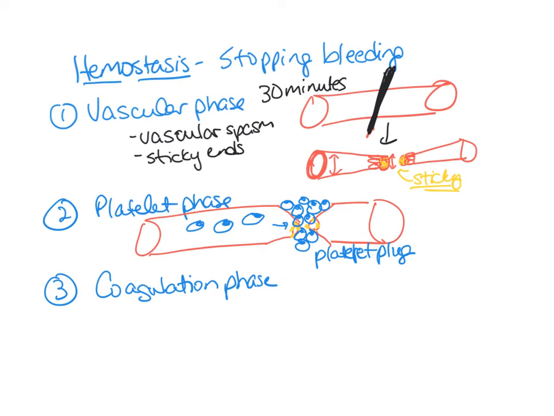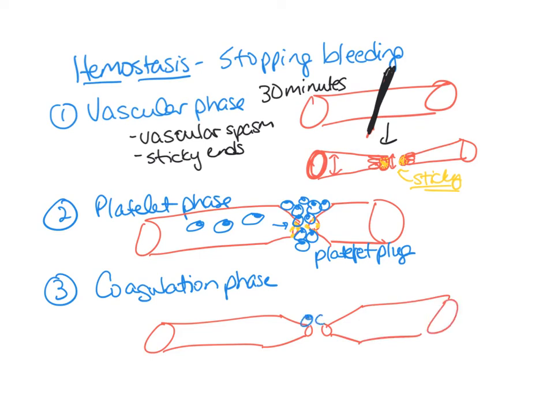Okay, so in this coagulation phase, we have the platelet plug here. Right, so we've got all these platelets in there, plugging stuff up. And it's looking like it's a good temporary fix, but it's not permanent. And so this happens pretty quick too.